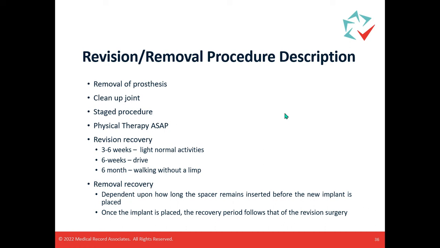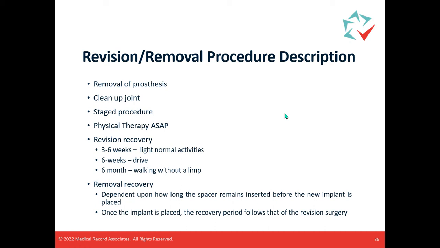Recovery from a revision or removal typically takes longer than the initial replacement surgery. Just like in an initial joint replacement, physical therapy is started as soon as possible after surgery to get that joint moving. And it's typically going to take about 6 months to fully recover from a revision surgery.